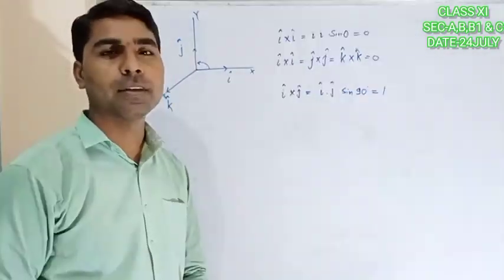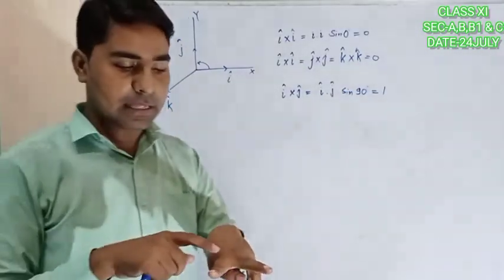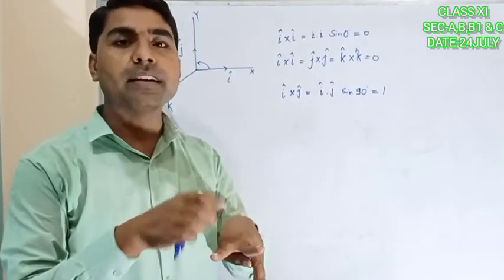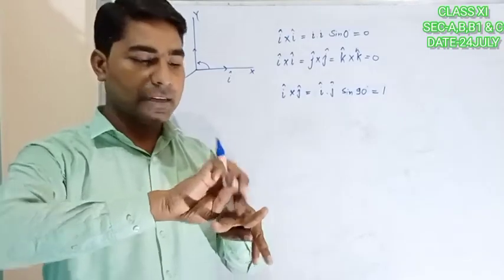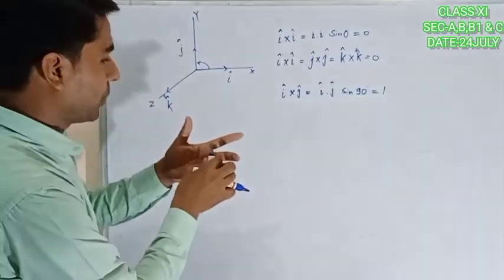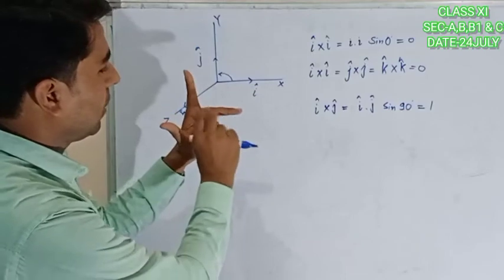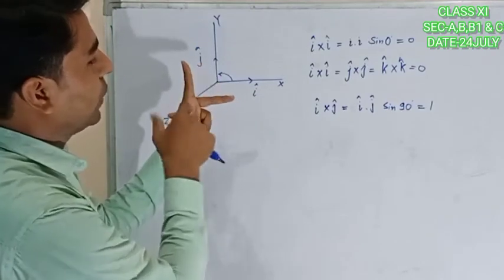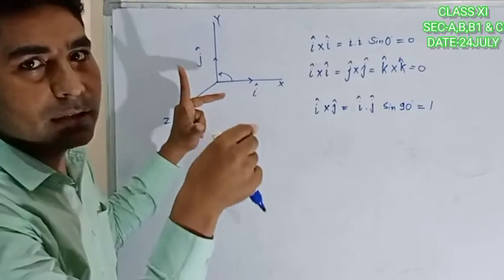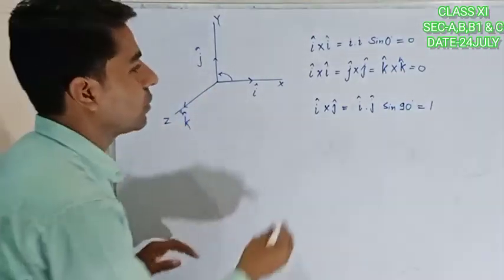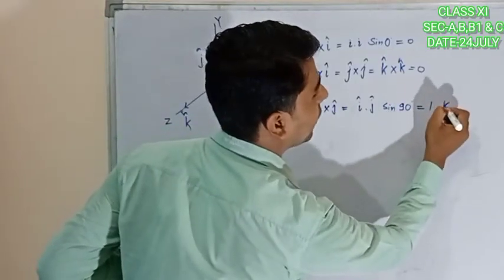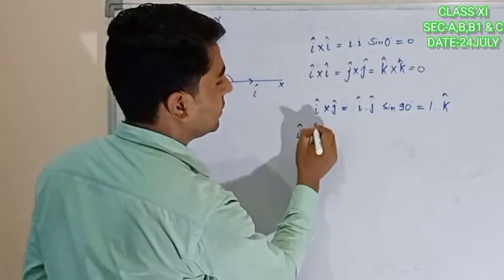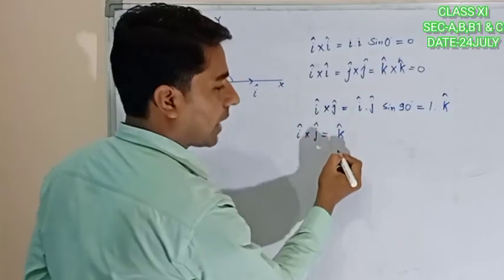So what is the direction? If you remember, the two vectors are there, vector A, vector B. The resultant will be in this direction. In the same way, I am showing you like this, vector i, vector j, i cap, j cap. So the resultant will be perpendicular to that, and which is that? k. So here it will be 1 into k cap. So what answer are we getting? i cross j is equal to k cap.